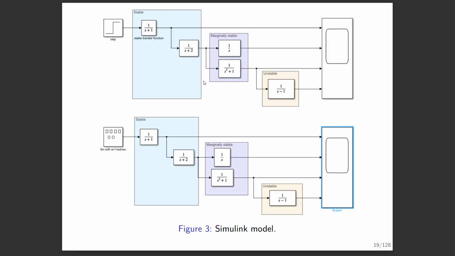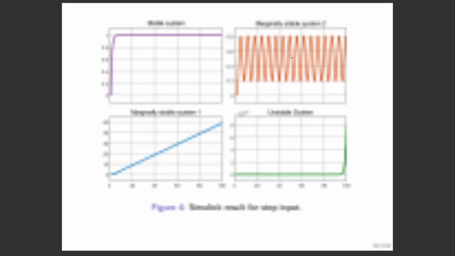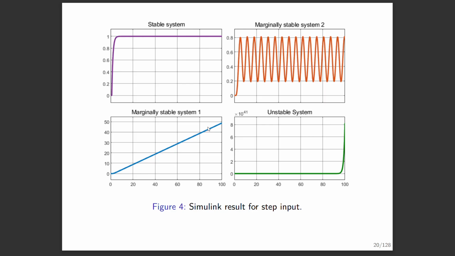But for the step input, which means it has a frequency of 0, this is the system that is going to react and produce an unbounded output, because the frequency of the input is 0 and the frequency of the marginally stable system is 0 too. The natural frequency of it is 0.